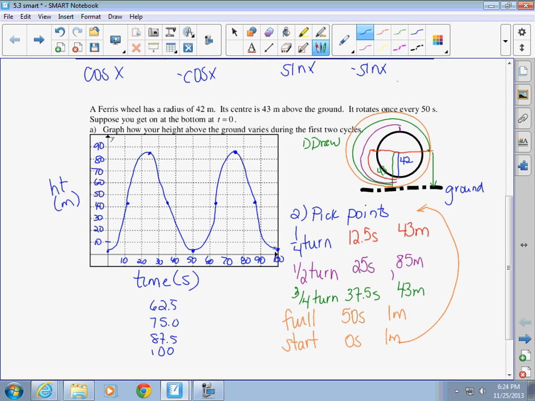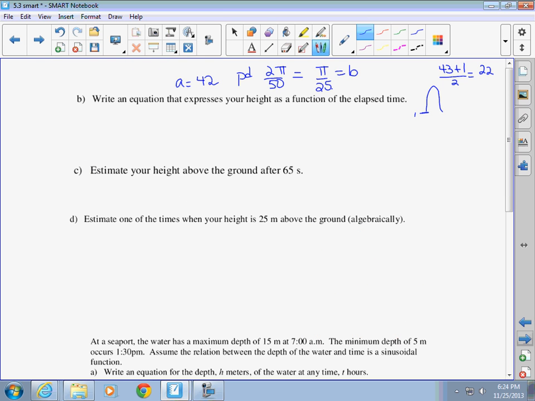Sorry, I lied, because our maximum was an 85. This should be an 85 plus 1. I gave you my minimum, or that value instead. 85 plus 1 divided by 2 is going to give me my K, so that's 86 divided by 2, so it's a 43. 43 would be where that graph was cut perfectly in half. So that means that that is your K value.